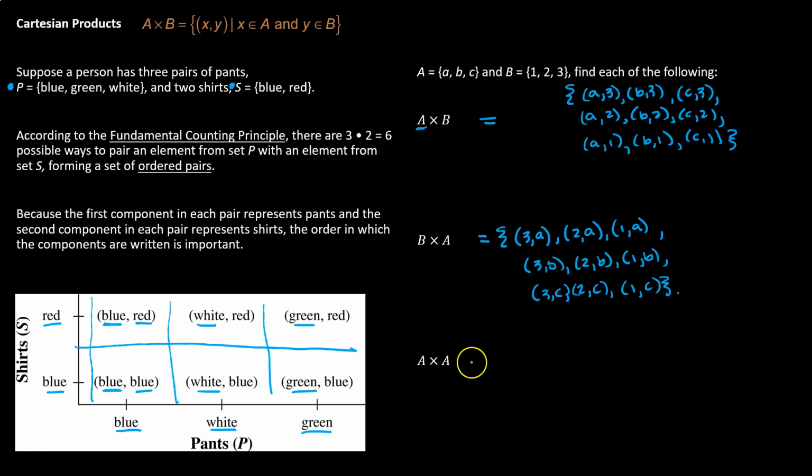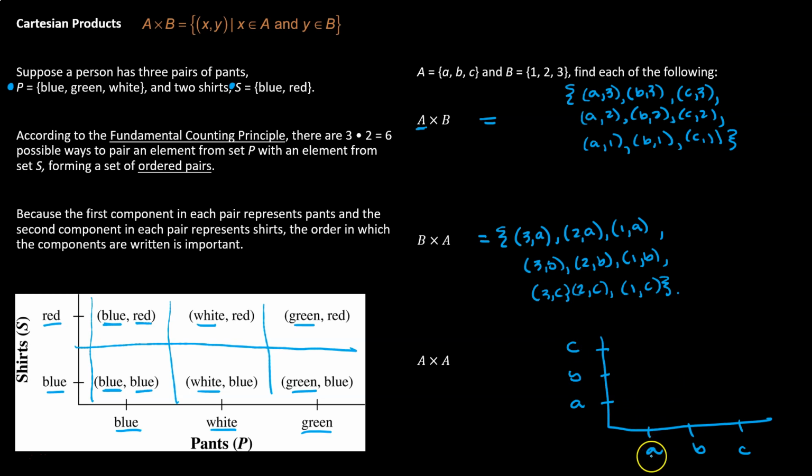And then lastly, we want to consider what happens if you cross a set with itself. So we're going to draw another diagram for that one. This will have B, C, and then again on the vertical we will have A, B, C. And then we'll list out our elements.